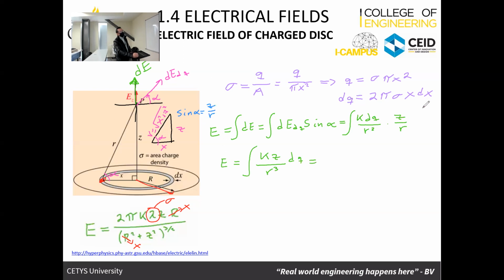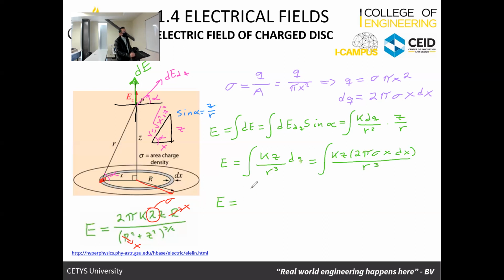We already know the representation of dQ over here that we had from the differential using sigma. So we're going to have k z times 2 pi sigma x dx divided by r to the 3.